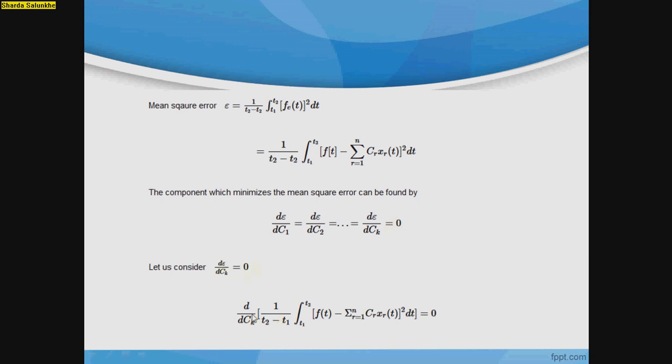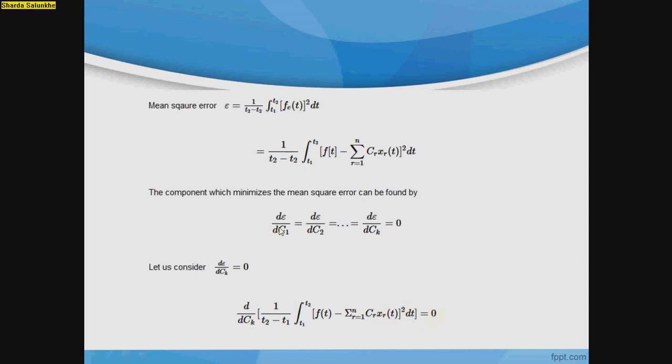So this term becomes d/dck of 1 divided by (t2 minus t1) times the integration over the period t1 to t2 of (f(t) minus the summation over r = 1 to n of cr xr(t)) square dt, equal to 0.